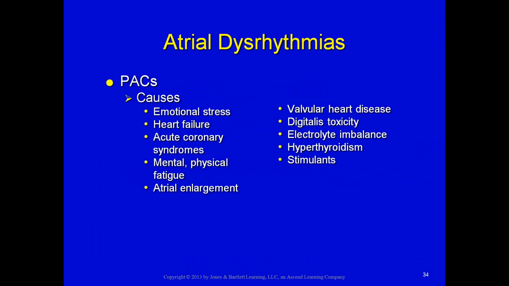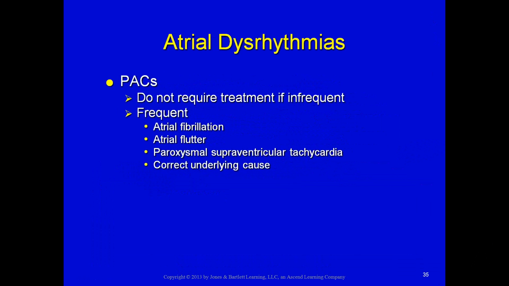PACs can cause the onset of really fast heart rates, and typically what causes the onset of a really fast heart rate is a PAC. Now again, they don't require treatment if they're infrequent, but if they're frequent, as in the case of atrial fib or atrial flutter, or the case of paroxysmal supraventricular tachycardias, then we need to perhaps slow the rhythm down and correct the underlying cause of the PACs.